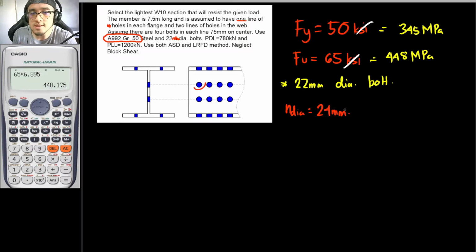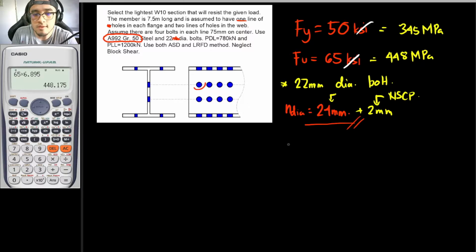But take note guys that according to the National Structural Code of the Philippines, the diameter of the hole that you would be making use is that of the nominal diameter plus another 2 mm. So once again, this is from AISC and this one right here is from NSCP.